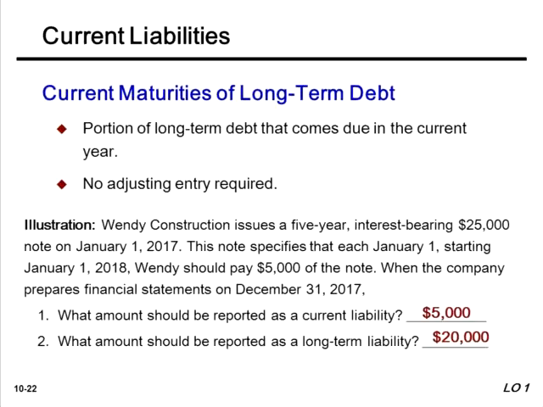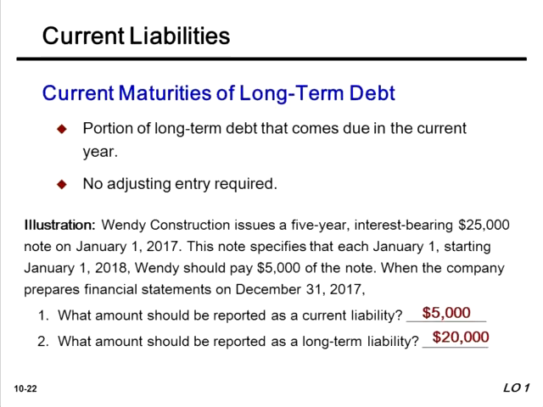Alright, now we come to one other current liability account. It's current maturities of long-term debt. So if we think of examples of long-term debt, obviously we have student loans and those are payable over many years, car loans, and also mortgages.